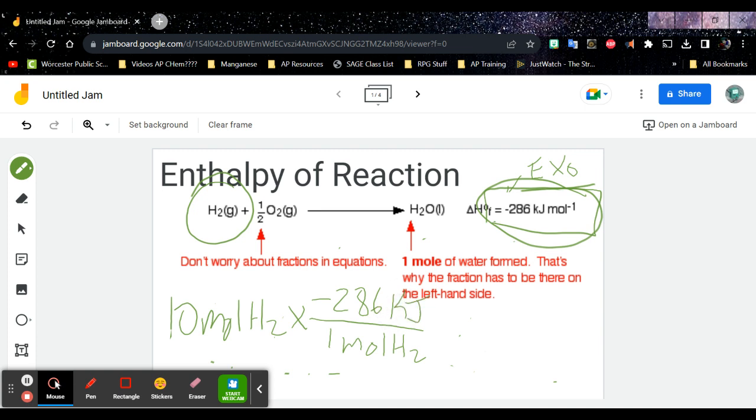This mole is acting like a coefficient of 1 mole of reaction. So now all I have to do is multiply that by 10, and this much energy is released.